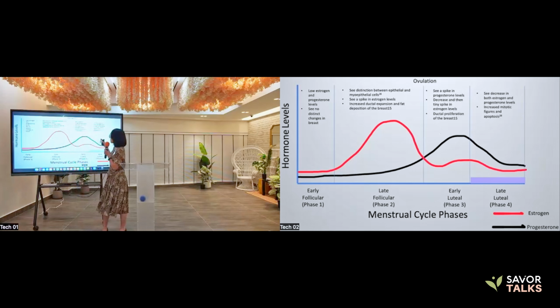So let's say during pregnancy, when fertilization occurs, the body will know, oh, progesterone is high, so I don't need to get another hormone.